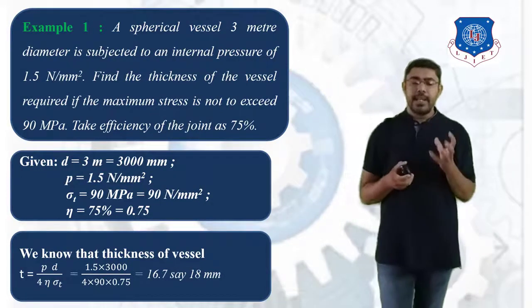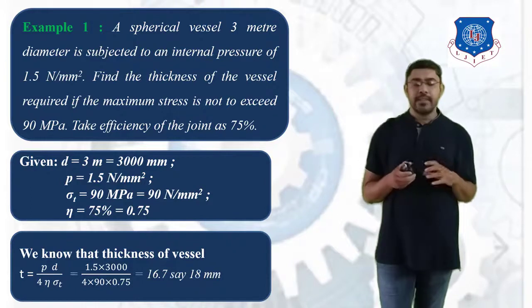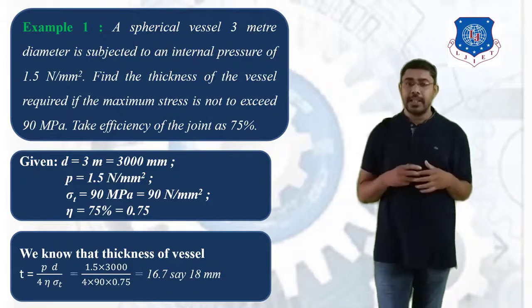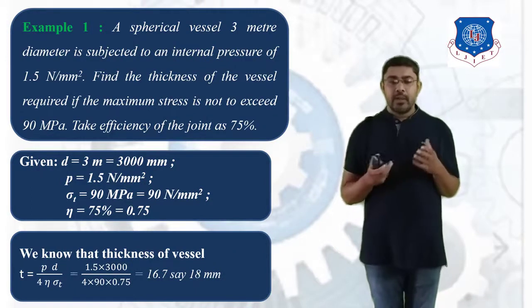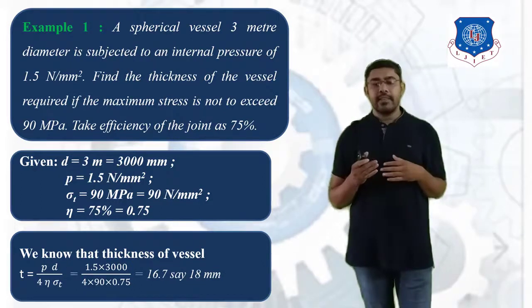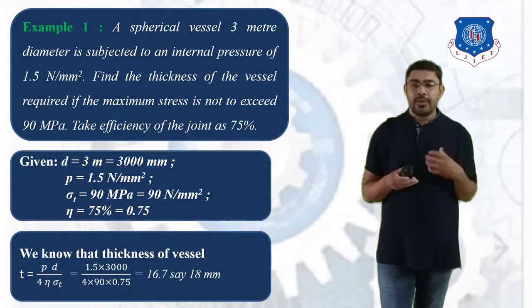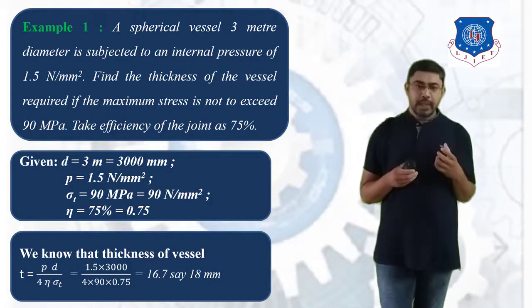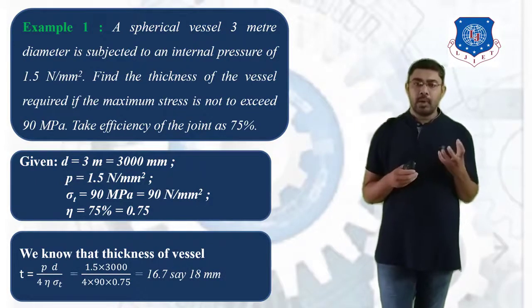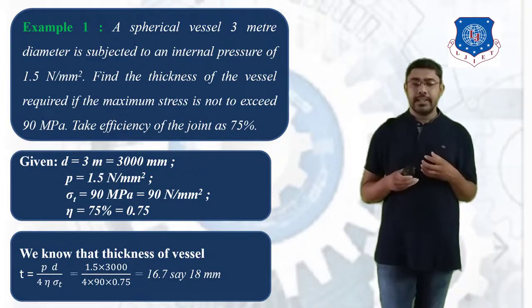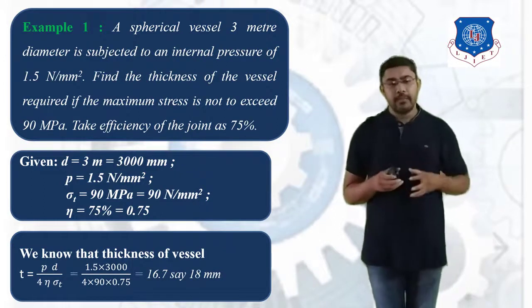If we place all these values in this equation, we get the thickness of this spherical shell or vessel is 16.7, say 18 mm. So according to the given problem, the thickness of the spherical shell is 18 mm.